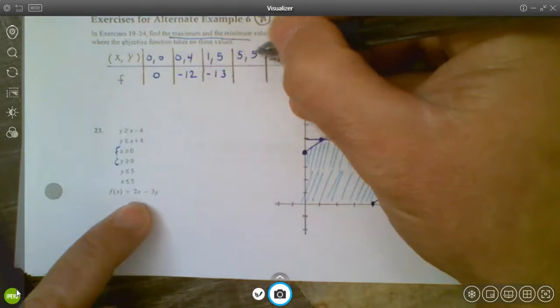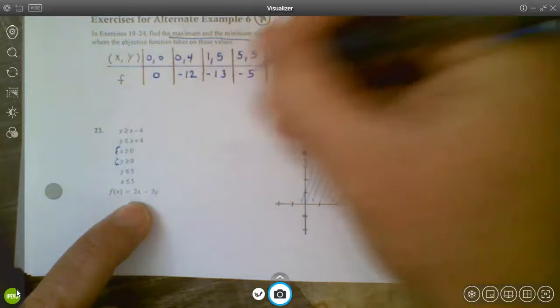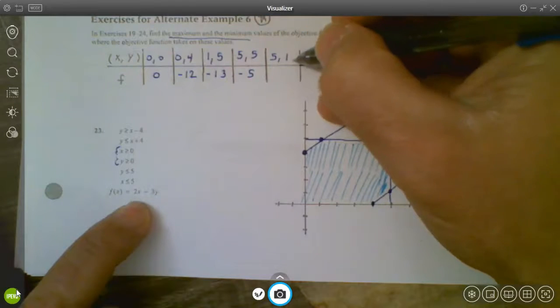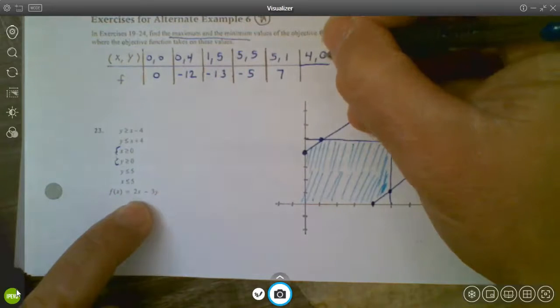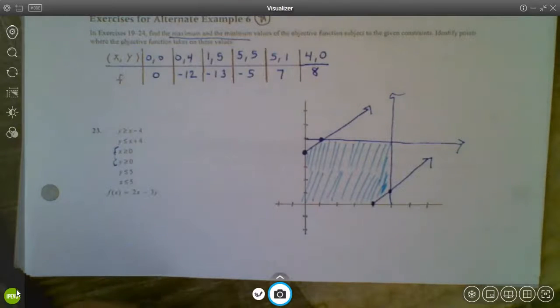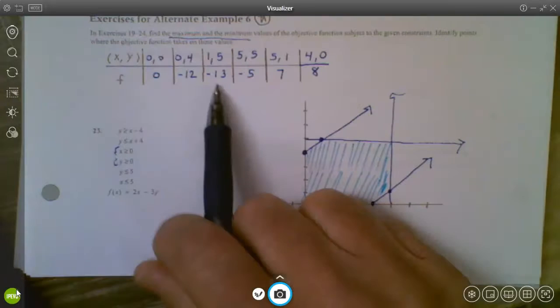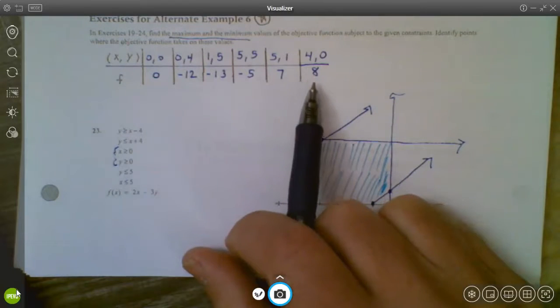That would be 10 minus 15. 10 minus 3. And 8 minus 0. All right, so just by looking at those corner points, again, you can see my minimum value is right here at -13, and my maximum value within those constraints would be 8.